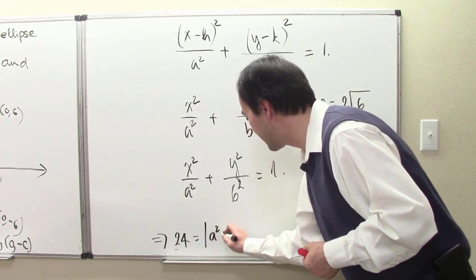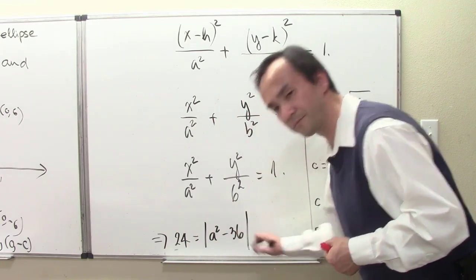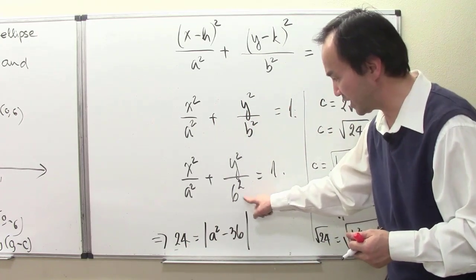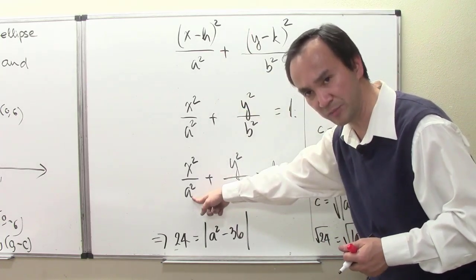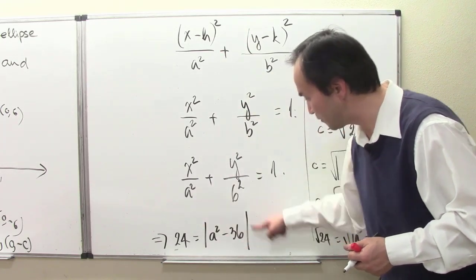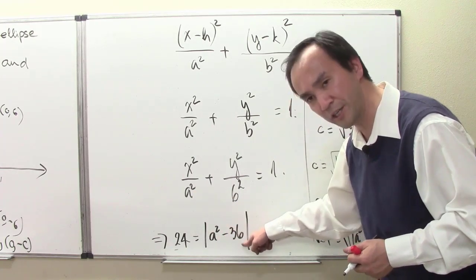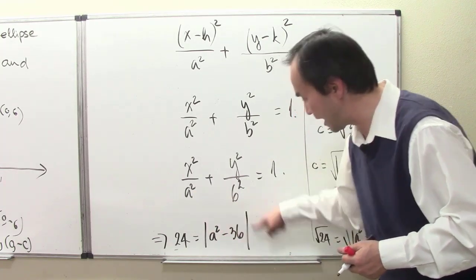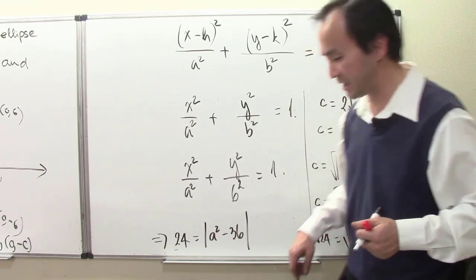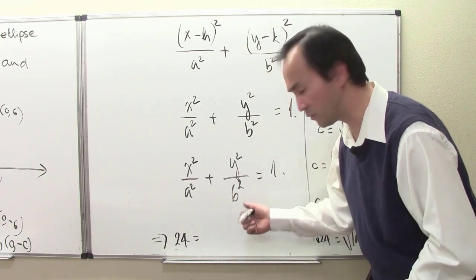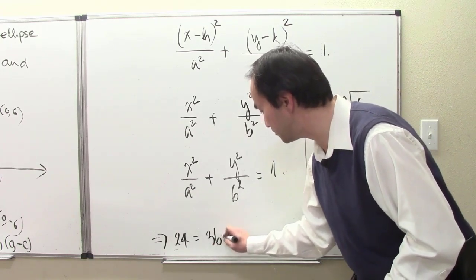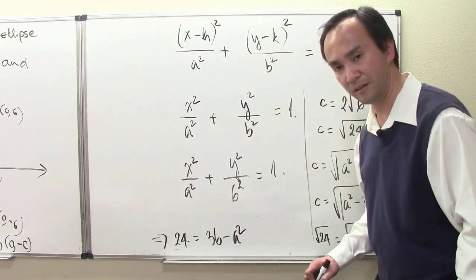We know for sure that because the major axis is on the vertical side, the value for a here has to be smaller. So that means the square of a is smaller than 36. So with our absolute value, it must be 36 minus a squared, algebraically.